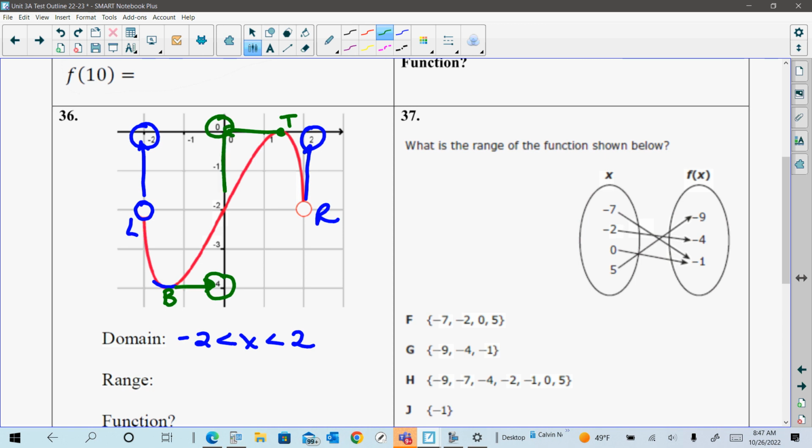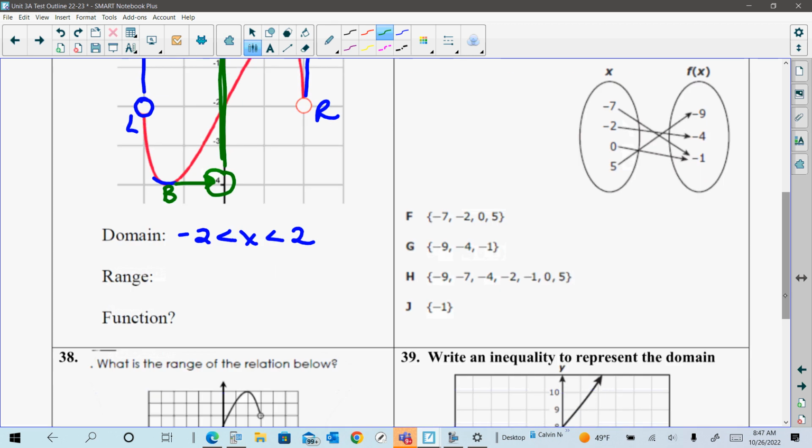Your range is in between these sets of numbers. So that would mean -4 is less than or equal to y, which is less than or equal to 0. I put equal to because it was solid right here at this hump, at this curve. Is this a function? Yes, it is a function.